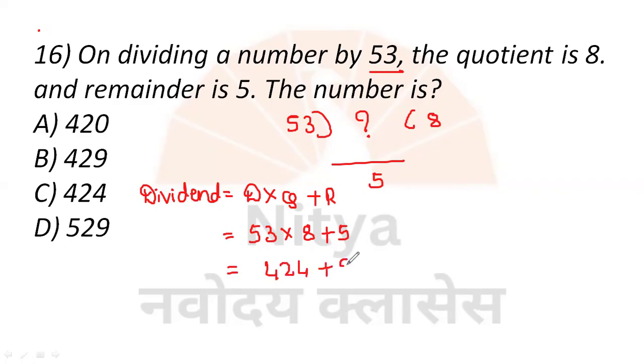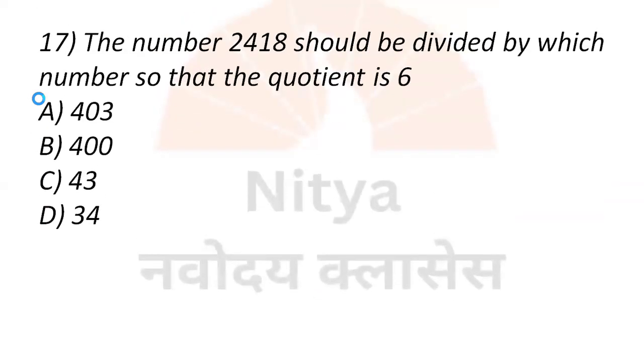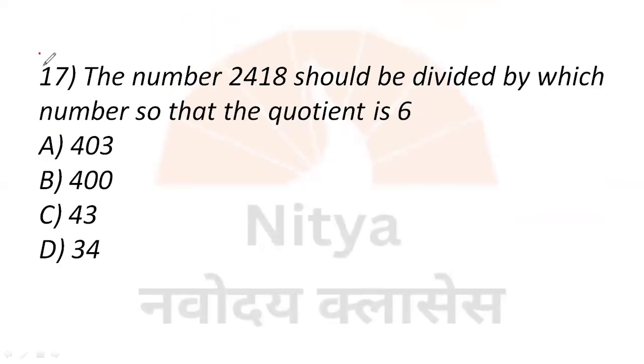So plus 5. We have to add 424 plus 5, which is 429. So 429 is our answer. That is the dividend. So option B is the answer. Next question. The number 2418 should be divided by which number so that the quotient is 6?